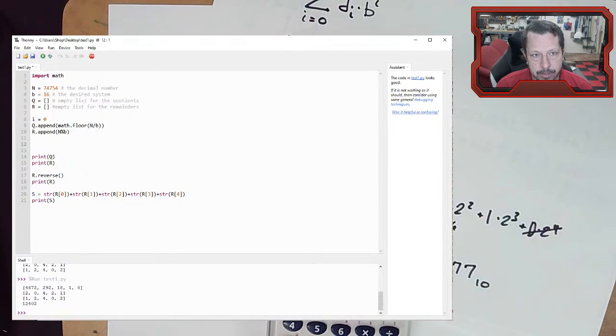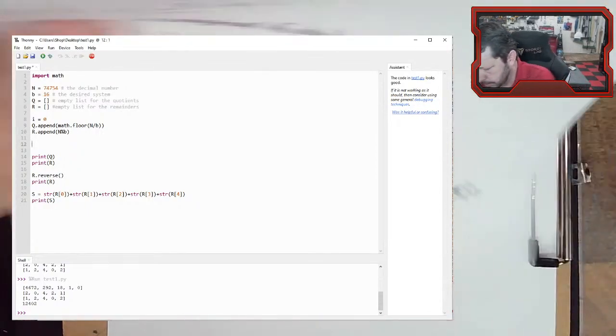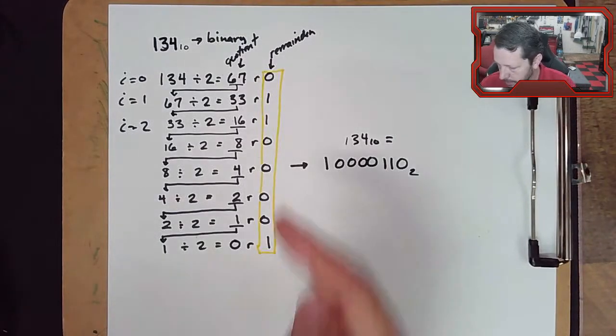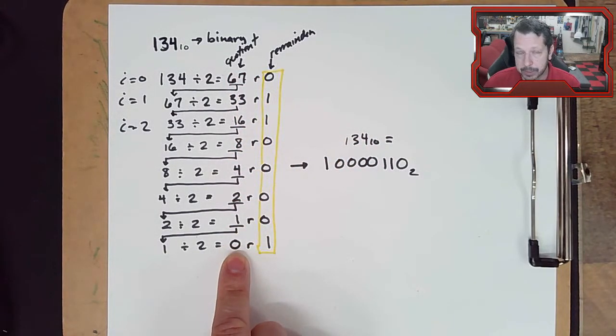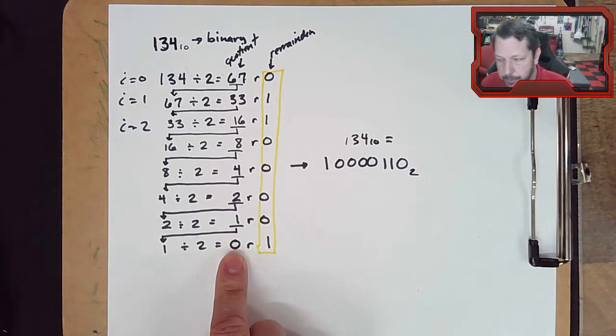So you might know that our idea was you keep dividing until you get a quotient of 0. So I'm just going to keep running through a loop until a certain thing happens. That means it's a conditional loop.